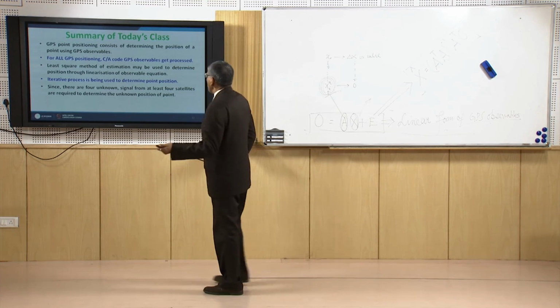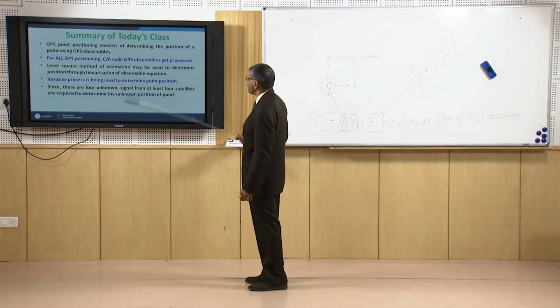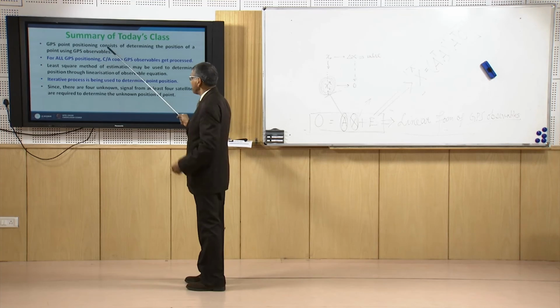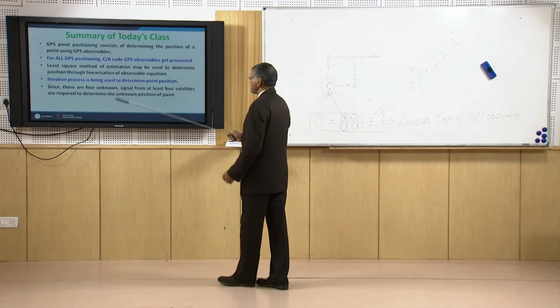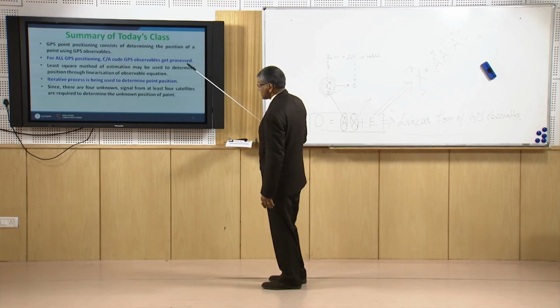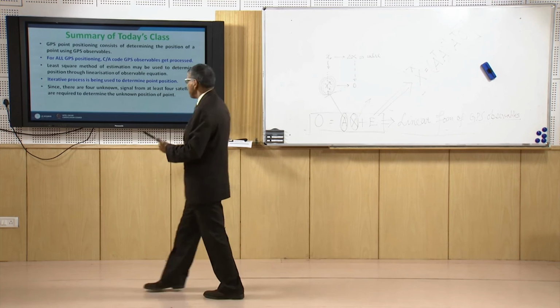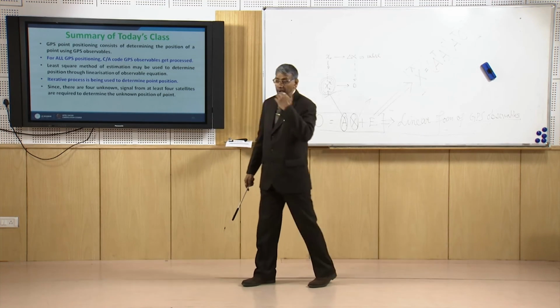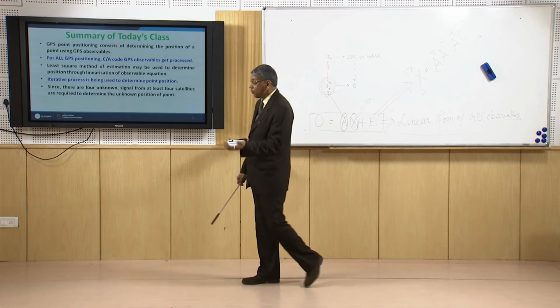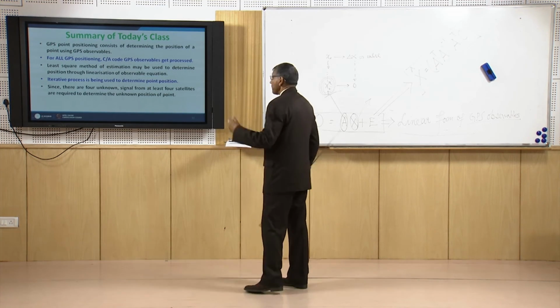So, summary of today's class: GPS positioning consists of determining the position of a point using GPS observables. Processing the C/A code GPS observables generally gives an approximate location. From that approximate location, we go for a more precise location through phase observables.